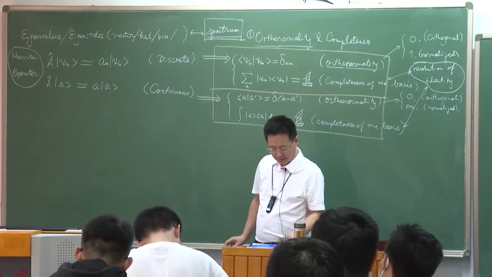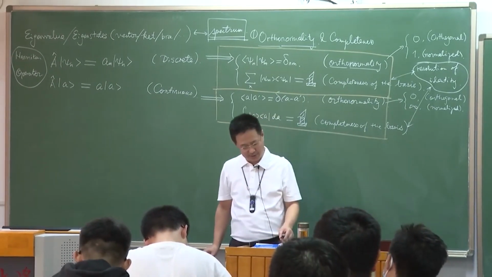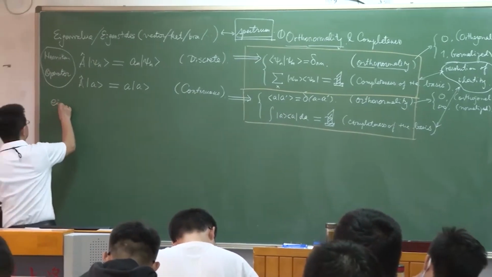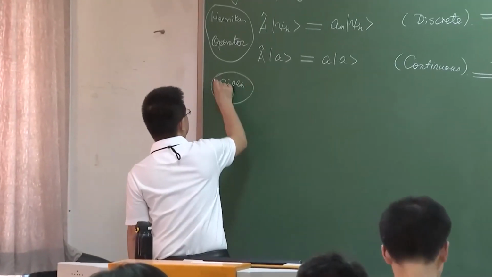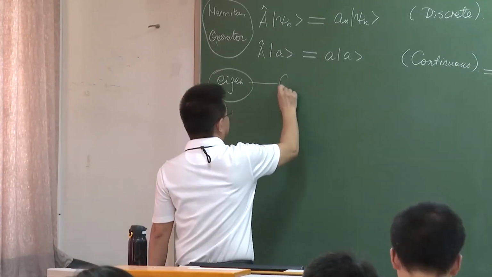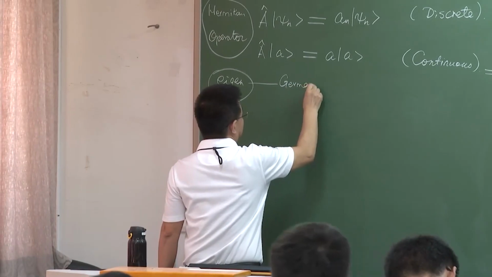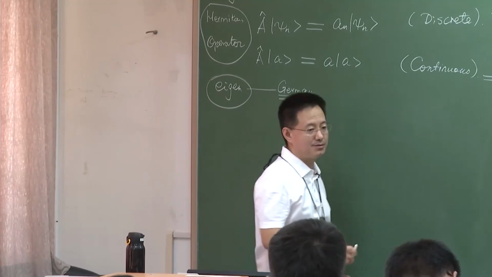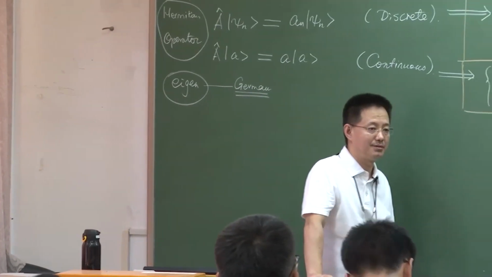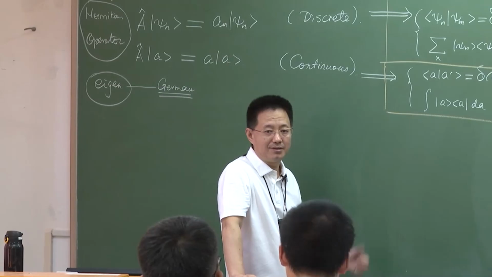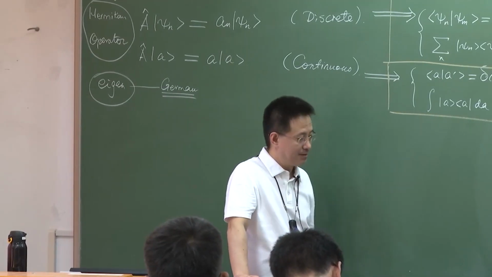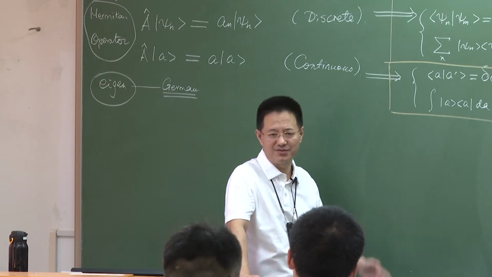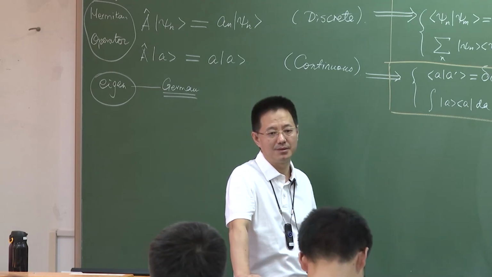And I would like to mention one more explanation of the meaning of eigen. The eigen. This is a German word. We'll learn several German words in this course, in this semester. Not only eigen, but also the Wigner D matrix, where D is from Darstellung or something, that is also a German word.